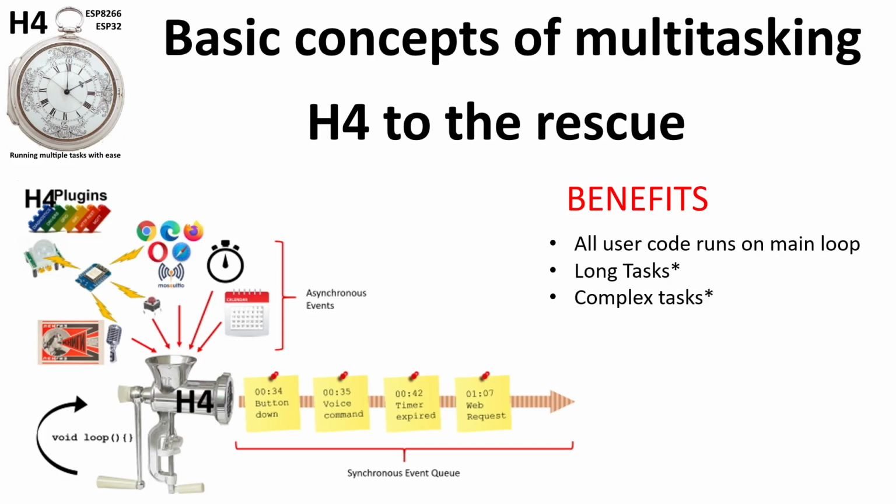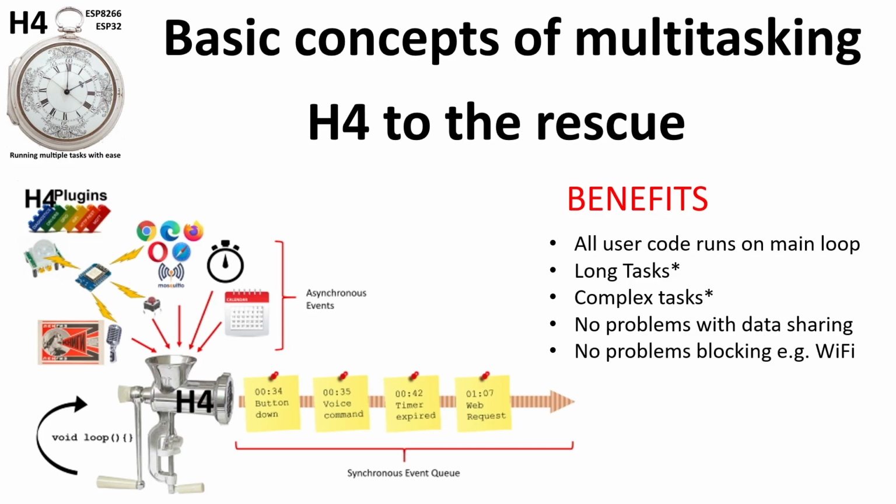You can run complex tasks, asterisk. You've got no problems with data sharing because you're running on the main loop. The only problems you've got are the same problems you get with any normal code. You don't have to worry especially about synchronizing between background contexts and all that complicated nightmare. Out the window. So you've got no problem with blocking Wi-Fi because H4 behind the scenes makes sure that it only calls the timer functions and your callback functions, as they're known, when it's safe to do so.